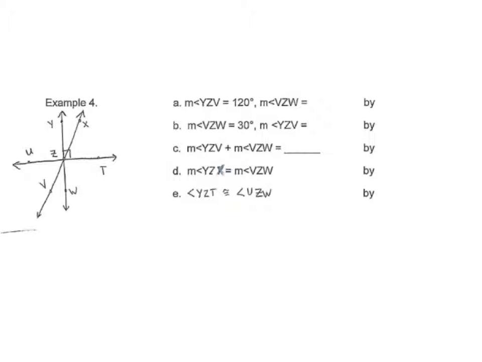Okay, I erased a little bit to start over since it was getting messy. We're right here. If the measure of angle YZV, so I'm going to trace it, plus the measure of angle VZW equals 180 degrees by definition of supplementary angles, or you could also put the angle addition postulate. D, why is the measure of angle YZX, so YZX, why is that equal to VZW? What kind of angles are those two?